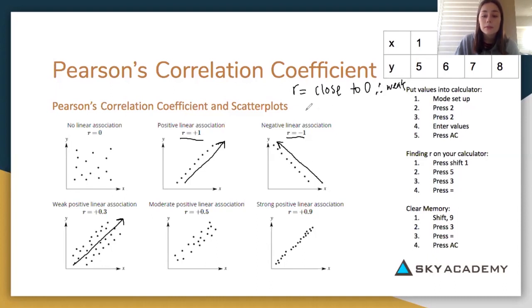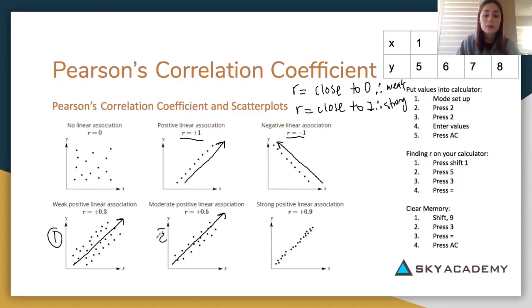And if R is close to 1, it is strong. So we're getting stronger as we go along because we can see the points are getting closer together to make one perfect line. In this one, they are going in a line, so it's still a linear association, but they're a little bit closer together than the first one.